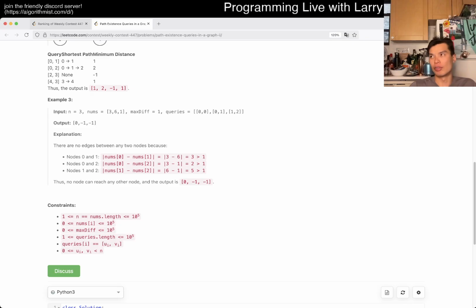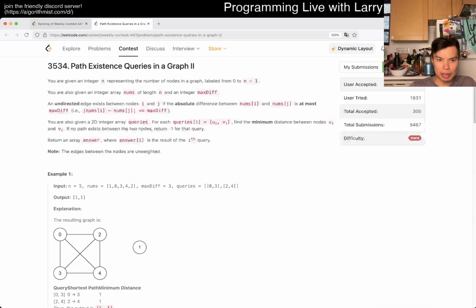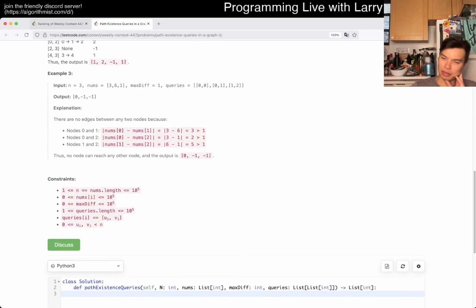Do I have to do the queries live? Are the numbers unique? No, I guess they don't have to be. That makes it actually look annoying, but maybe, I don't know. Let me double check the definition. No, I think this is fine. So the numbers being non-unique actually doesn't matter.